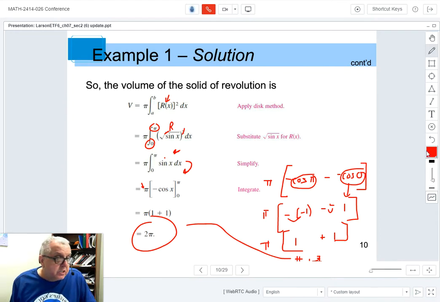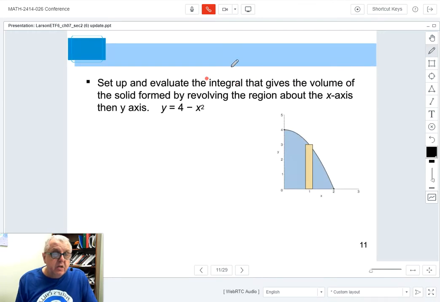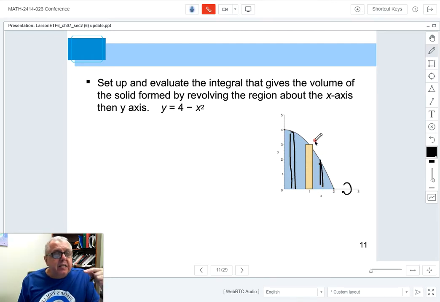All right. So I've got 2 more I want to do. First, I'm going to rotate this around the x-axis. That means we're using rectangles going down to the x-axis. Not rectangles now, because that's when we're finding area, but when we find volume, we're using discs.